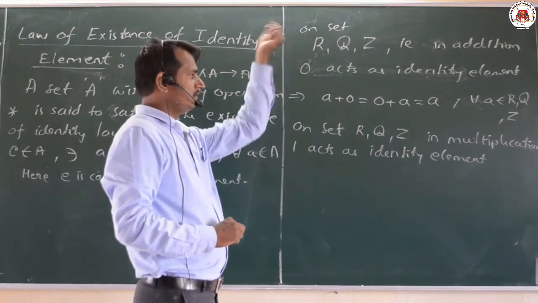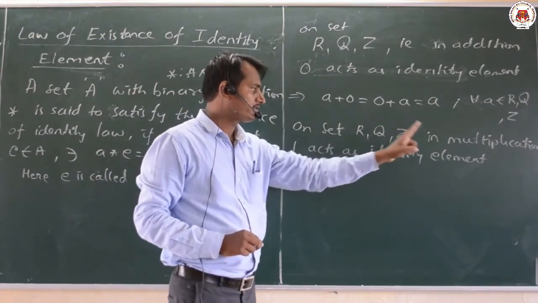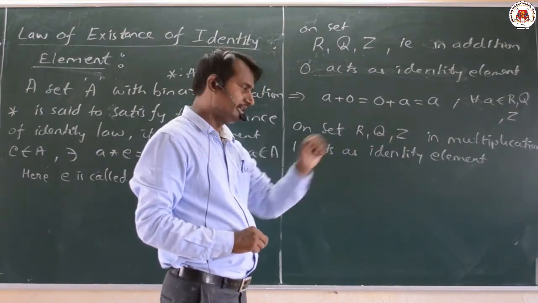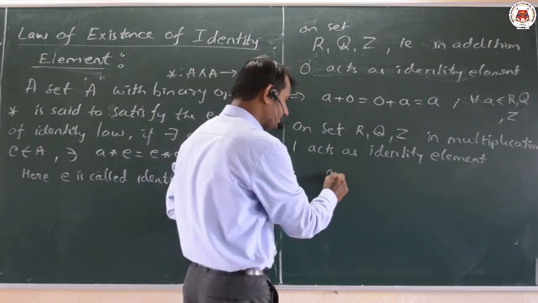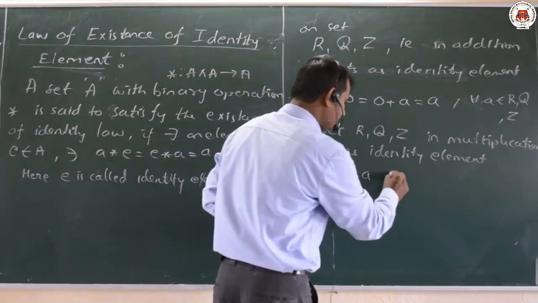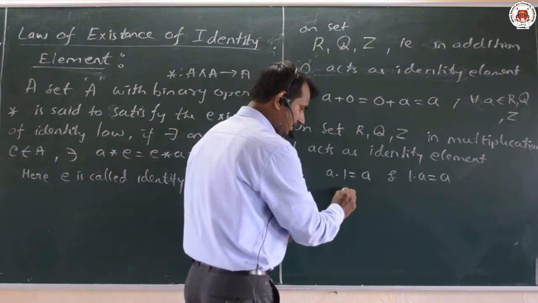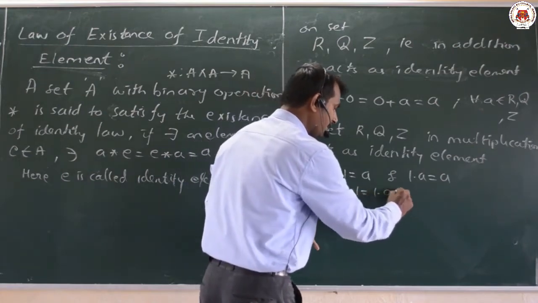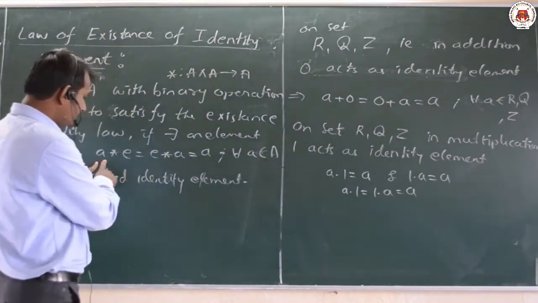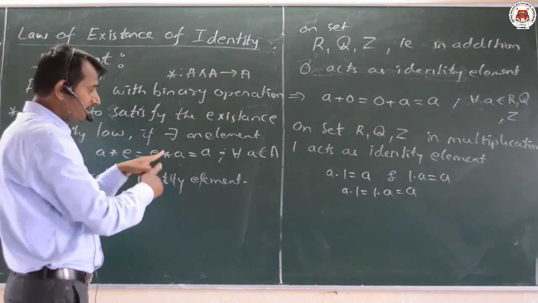Now observe here. 1 acts as an identity element in multiplication related to the sets R, that is real numbers, rational numbers as well as integers. Now a into 1 equal to a only, and 1 into a which is equal to a only. That means we get a into 1 equal to 1 into a equal to a itself, and that satisfies our definition, that is a star e equal to e star a, and that value will be a only.